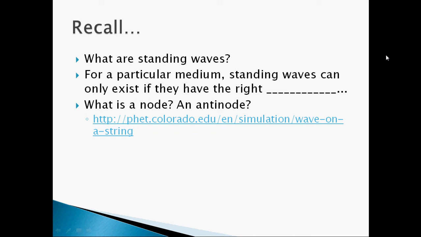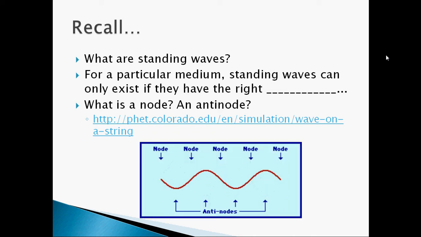If we have the exact right wavelength, we can end up with a situation where that reflection and interference causes us to end up having constructive interference in the same place as always and destructive interference in the same place as always, so that it looks like the wave is just oscillating in place.